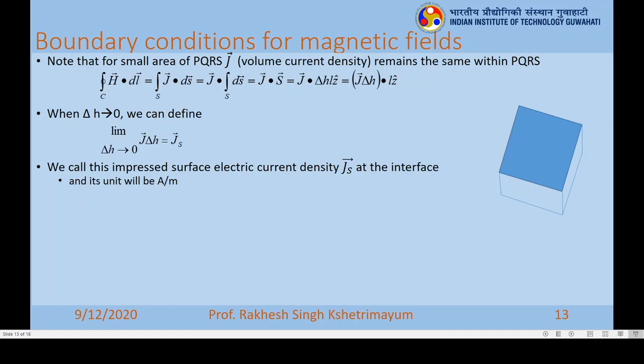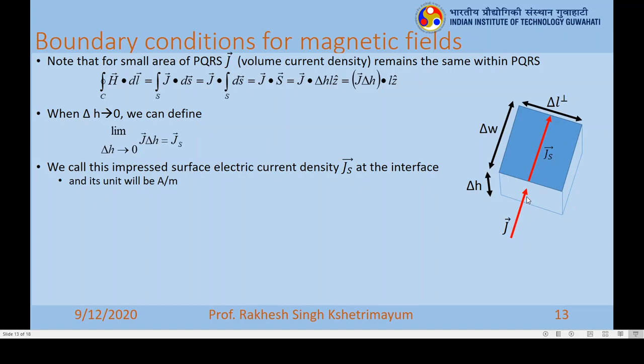Anyway, this diagram on the right hand side will also illustrate the relation between the surface current density, volume current density, and current. So this is a bulk conductor we have here. The height is delta S, width is delta W, length is delta L. If I consider a current flowing in a bulk conductor, that will be volume current density, denoted by J. But if I consider a current flowing on the surface, then it will become surface current density.